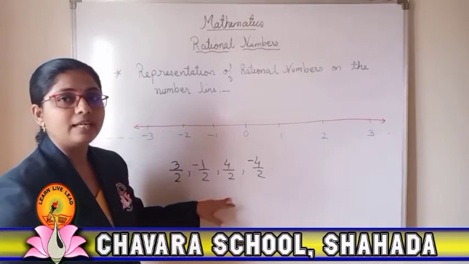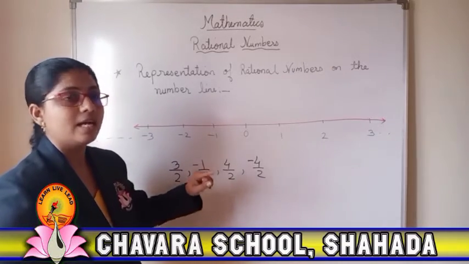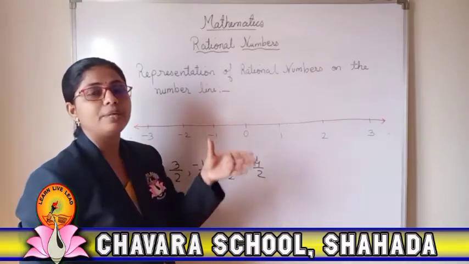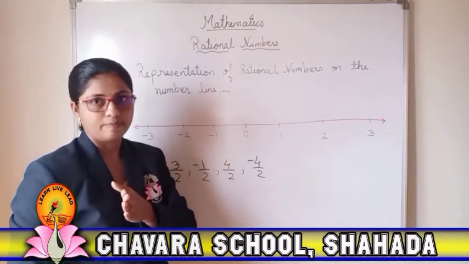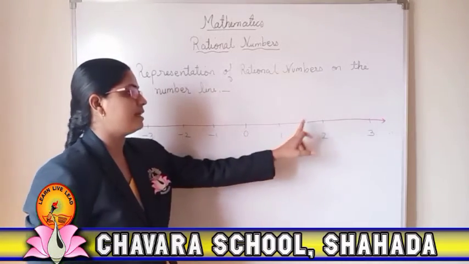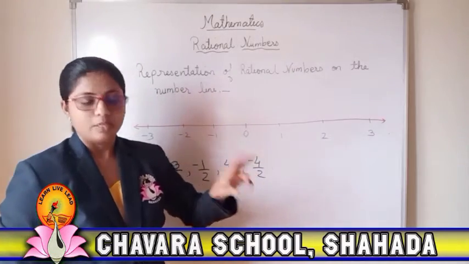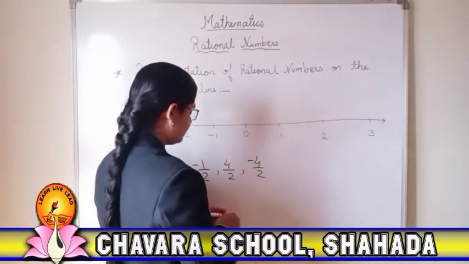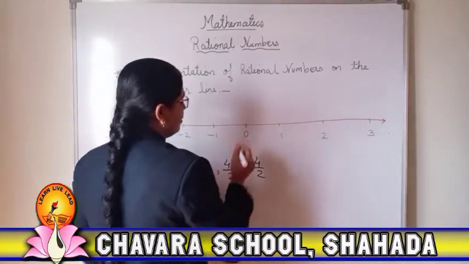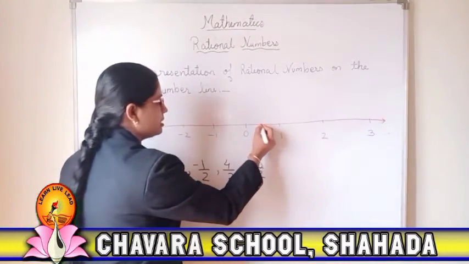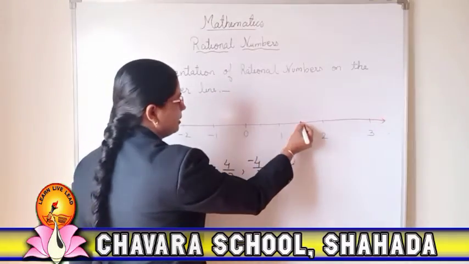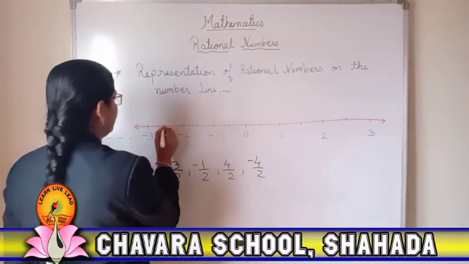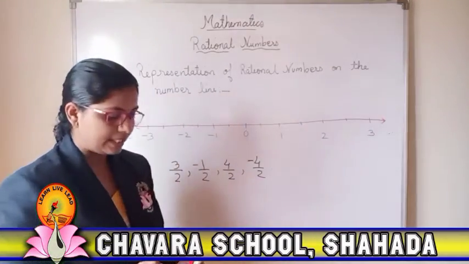So if that number is 2, it means that one part of the number line should be divided into two parts. Okay, so all the parts will get divided into 2. So let us divide those parts. To divide into two parts, we will just make one small line in the center. Okay. Now we have divided into two parts.